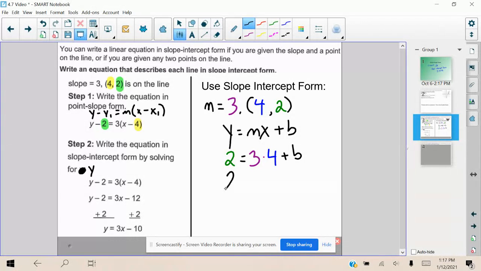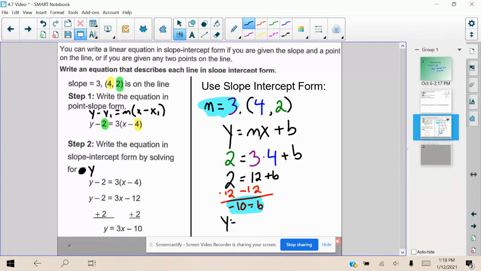We can simplify. We get 2 is equal to 12 plus b. We subtract 12 on both sides. Therefore, negative 10 is equal to the b value. Now that we know our y-intercept and we know the slope, we can then change it into slope-intercept form.